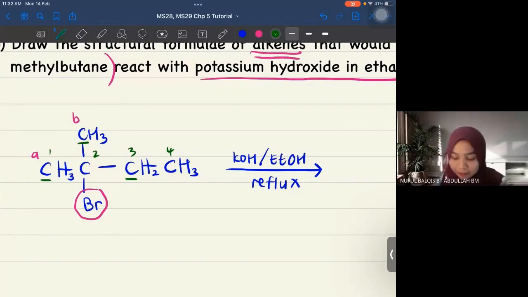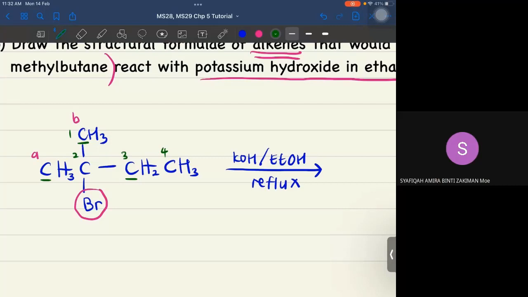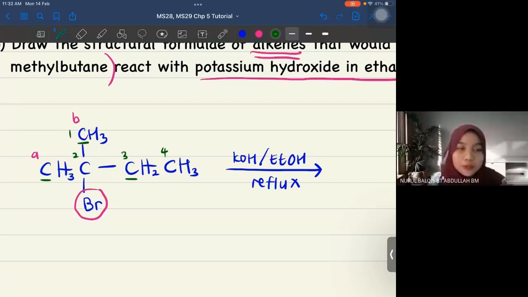Okay, and then the carbon bearing the Br is located at carbon number 2. Okay, kalau kita start our numbering from carbon B, we have 1, 2, 3 and 4, is it? Yes. Are we going to get the same product or different product if we take the A and B? Kita nak tengok dapat sama produk ke tak kalau numbering tu start pada A dengan B?